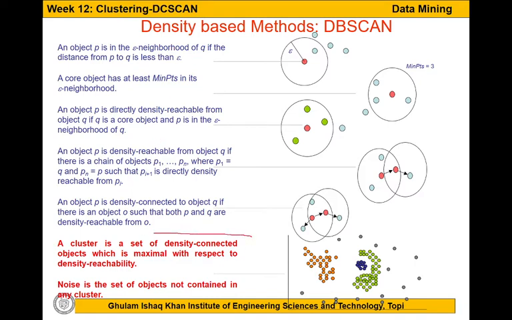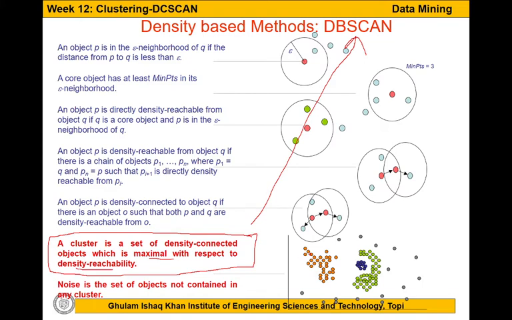The definition of clustering here is this one, using DBSCAN concepts. A cluster is a set of density connected objects which is maximal with respect to density reachability.